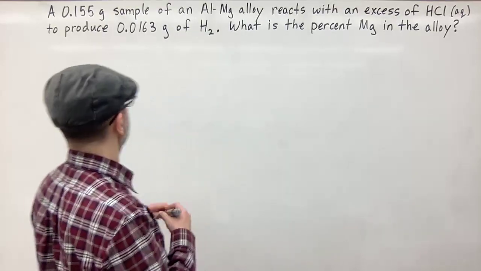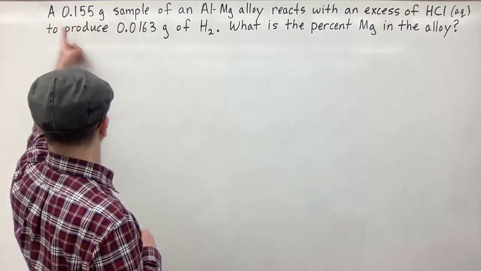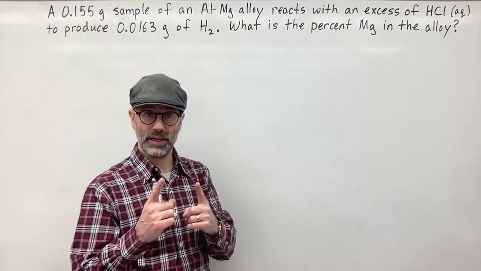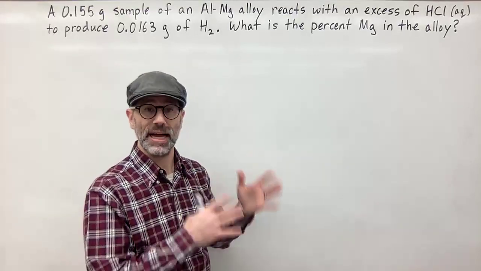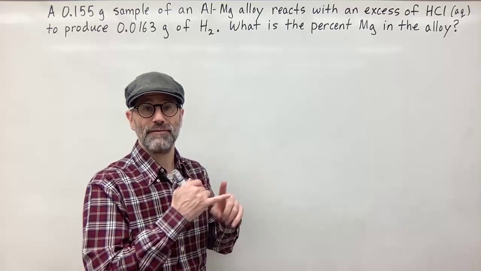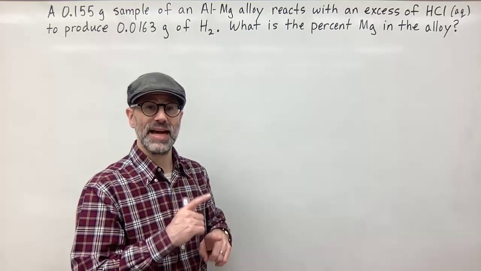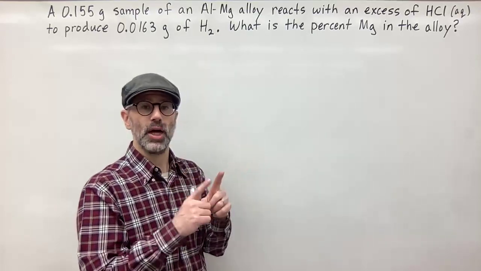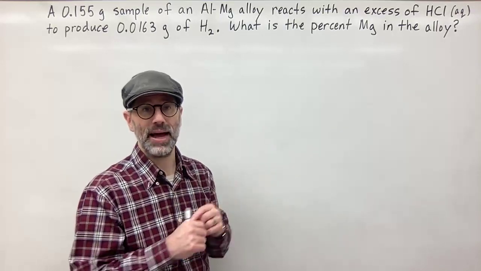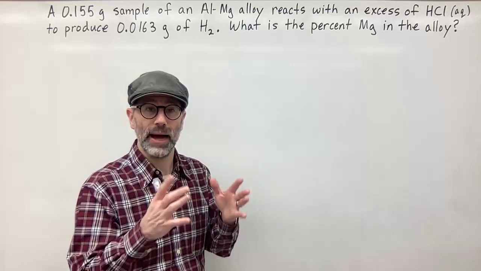So here I'm told that this is going to be the total mass of the aluminum and the magnesium in my alloy for my sample. So since the total sample is 0.155 grams, that means that the aluminum plus the magnesium in that sample adds up to the total mass.